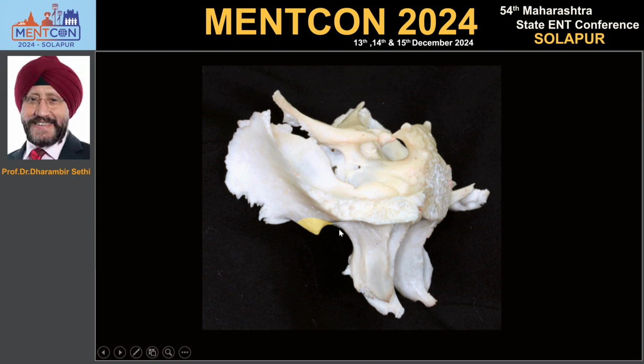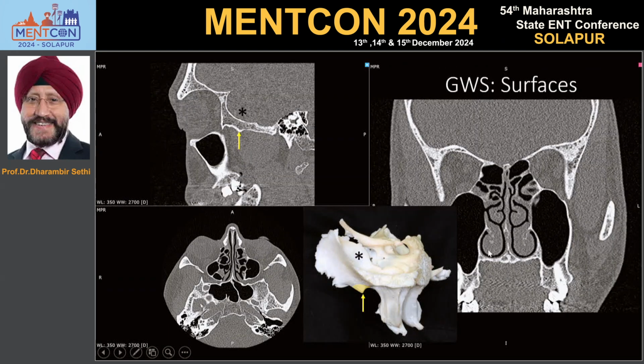Going down to the surfaces of the sphenoid sinus, there is a superior surface, a lateral surface, and an orbital surface. This is the superior surface, the lateral surface, and this structure is the infratemporal crest right here. So three surfaces: superior, lateral, and this is the orbital surface.